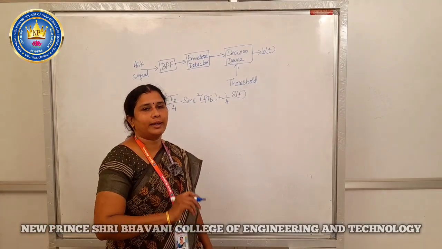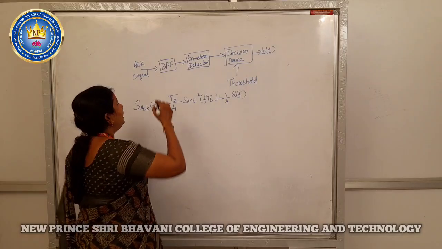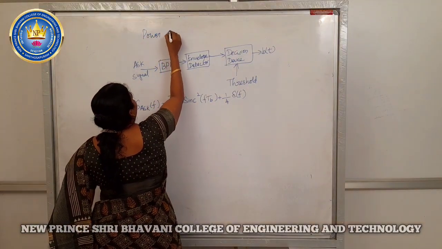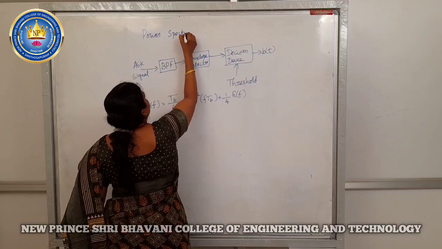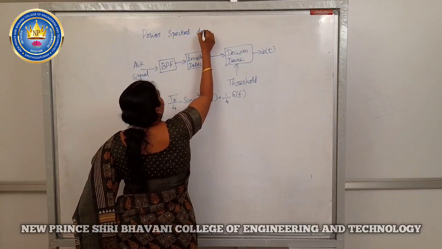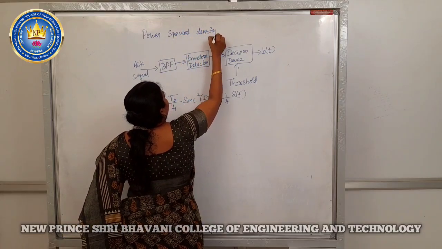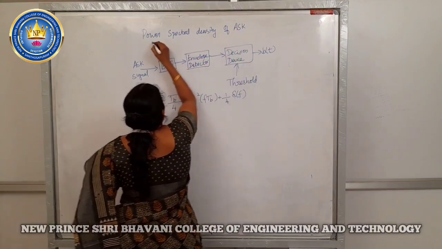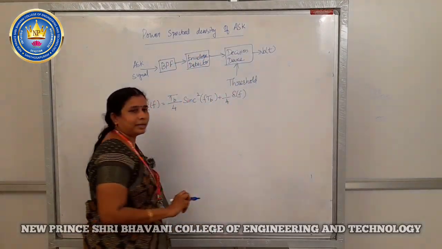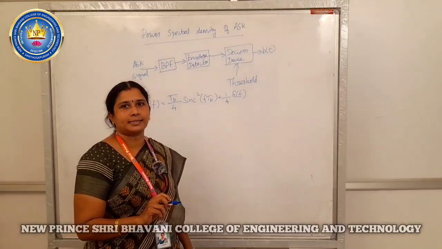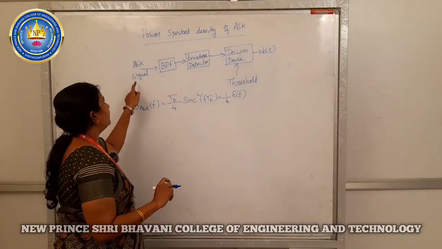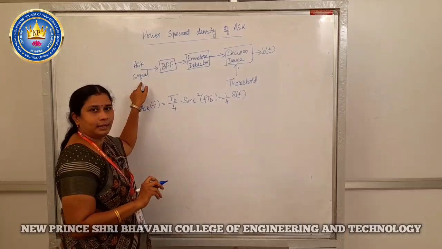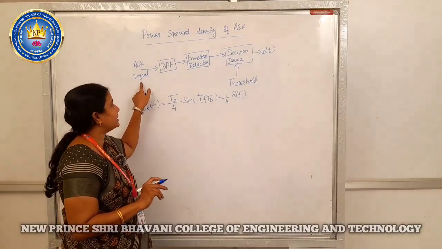Now we will see the power spectral density of ASK. Here the input signal is the ASK signal, meaning amplitude shift keying signal.